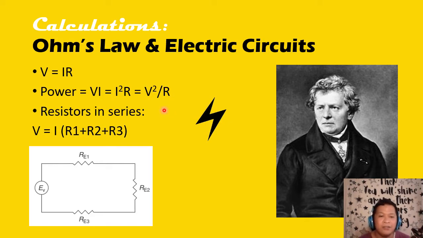And then if you have a circuit wherein resistors are in series, for example, you have light bulbs there or something, then the potential difference across the circuit is given by the current multiplied by the sum of the resistances.